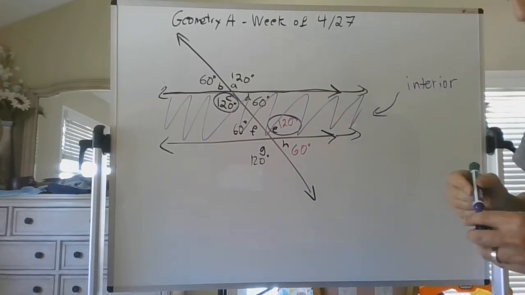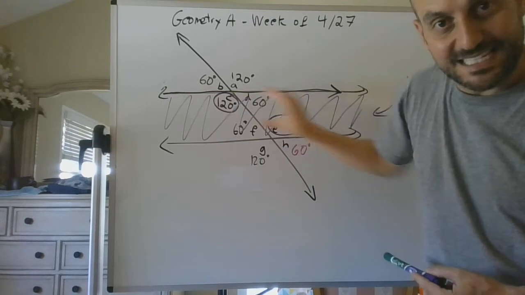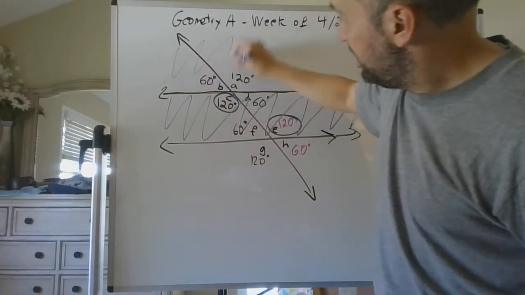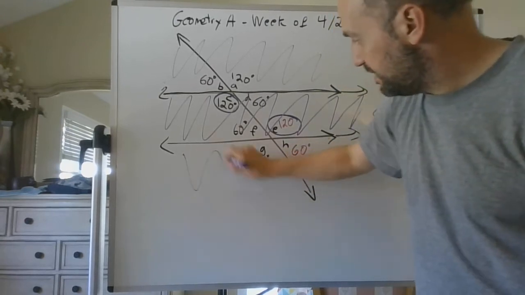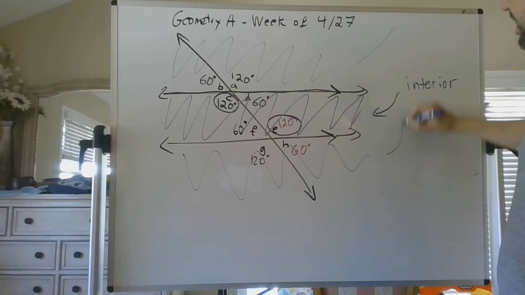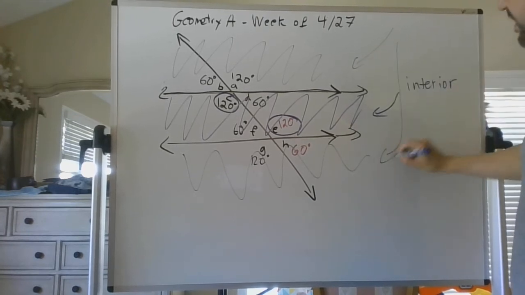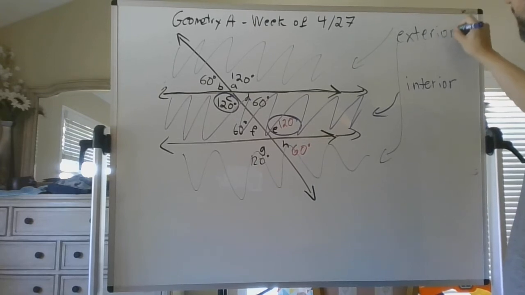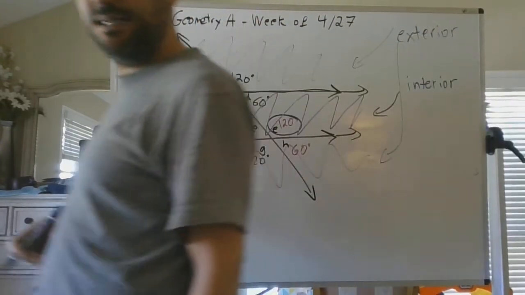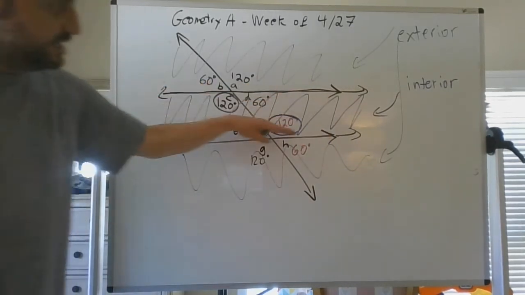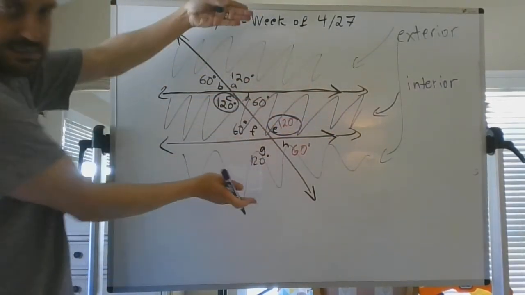That's called the interior if it's inside. Now, if it's not on the inside, so I'm talking about everything up here and everything down here, it's called the outside or the exterior. Exterior means outside. And in the purple, this part right here is the interior. So we have interior and exterior.